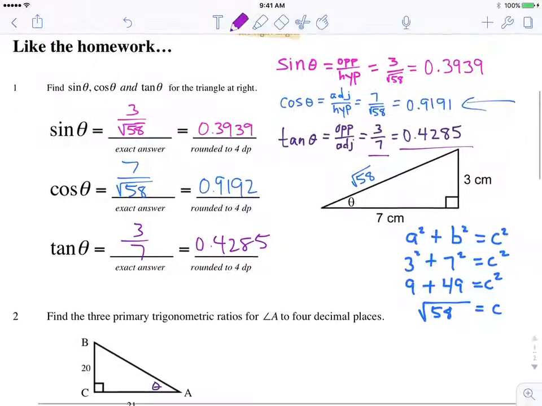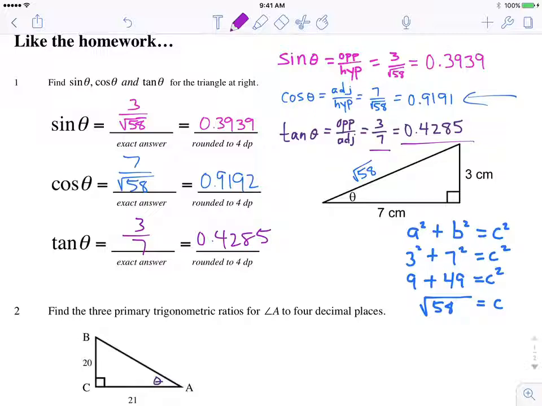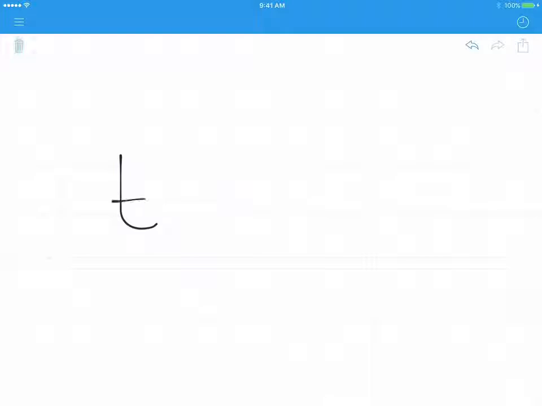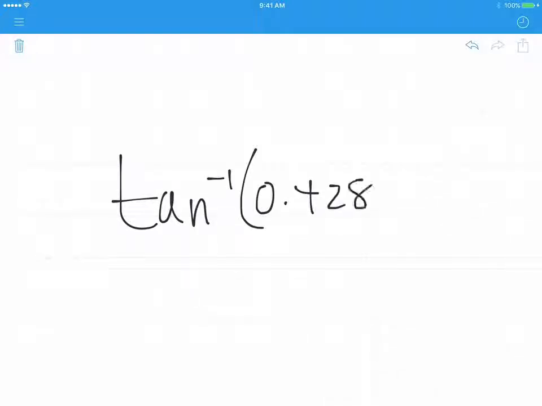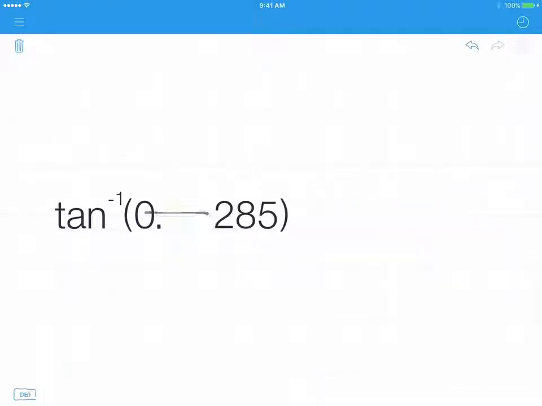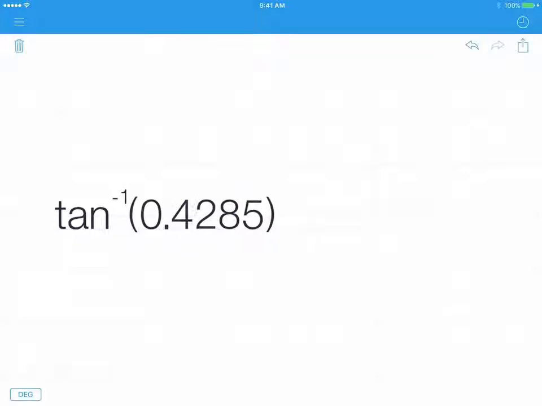Okay? And what you'd find interesting, or hopefully you'd find interesting, is that if you take the sine inverse, the cos inverse, or the tan inverse of those values, you'd get the exact same angle. So for example, the tan inverse of 0.4285 gives you 23 degrees, rounded.